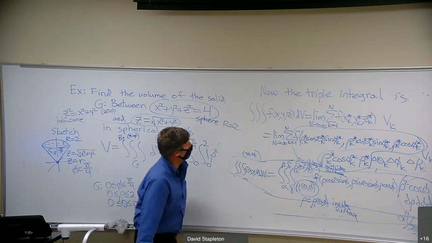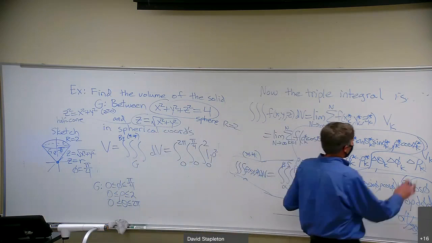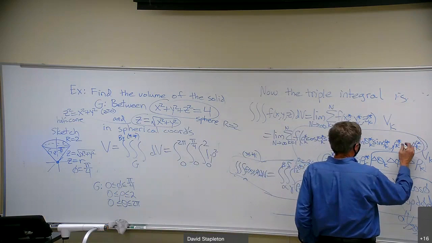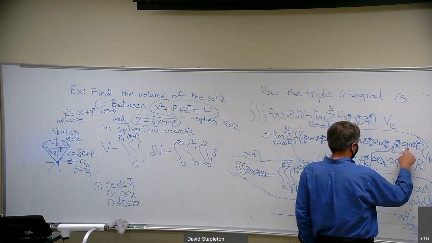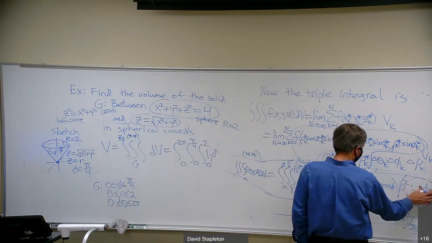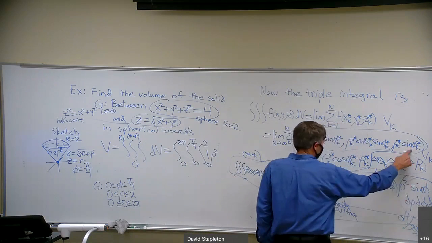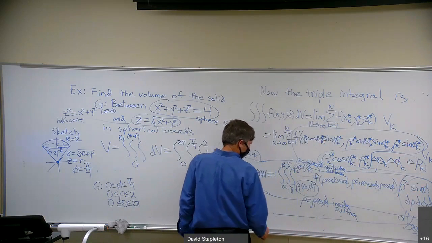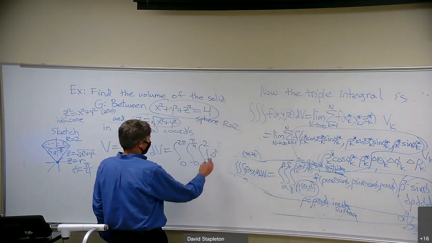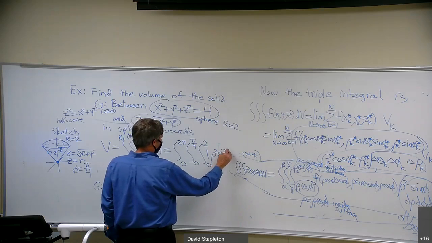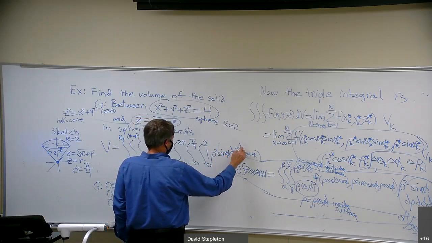When I wrote this derivation, this should have been sine phi, double star. Sorry about that. Rho squared sine phi d rho d phi d theta is the little volume element.